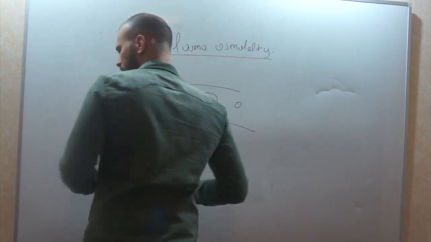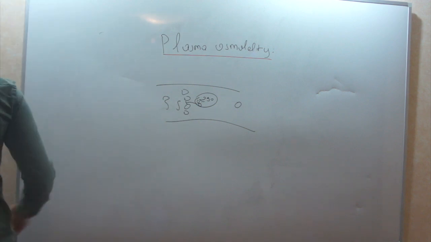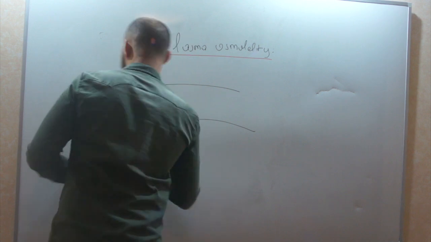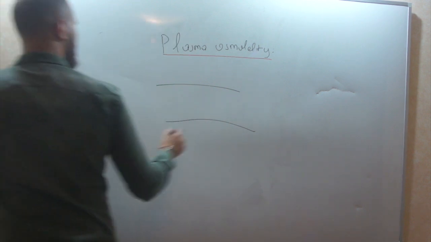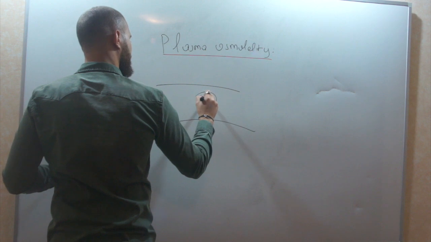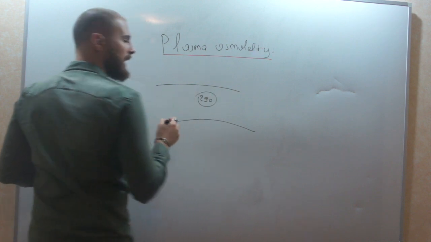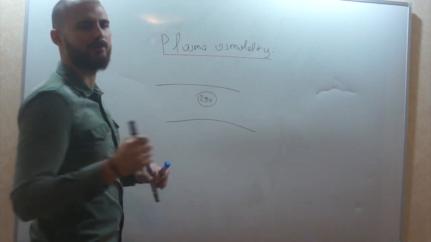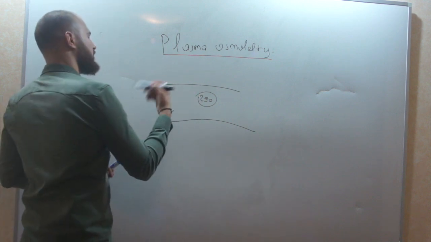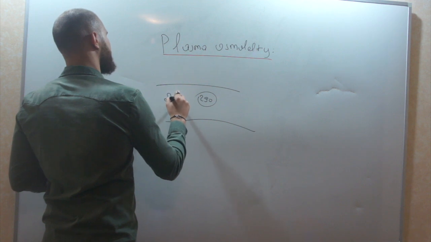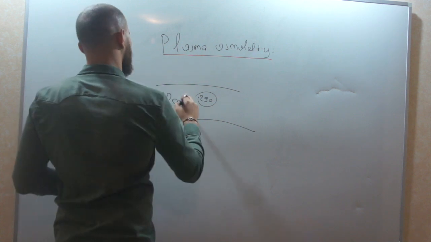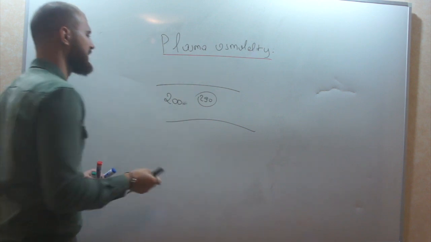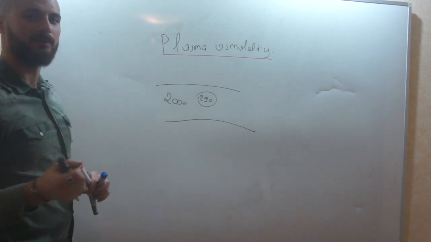I give you another one, the last one. I keep using my red blood cells. So, imagine red blood cells, it's 290. And we inject a hyposmolar or hypotonic solution compared to the red blood cell, that will be like 200 milliosmol. What will happen now?